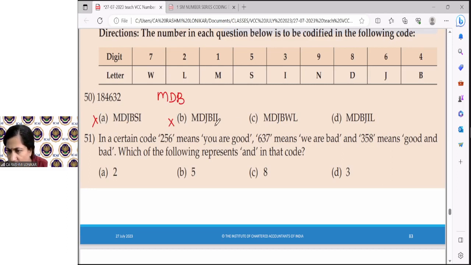This is not the answer. This is also not the answer. So this will be the answer. But you have to be careful that you are doing it correctly. M, 8 stands for D and 4 stands for B. Okay, that variation.